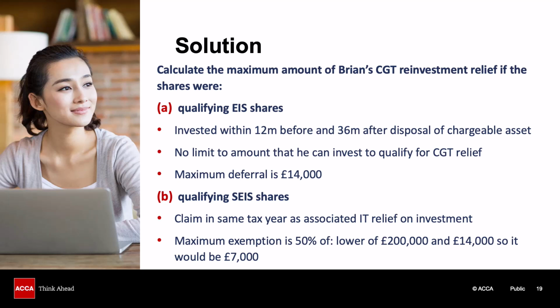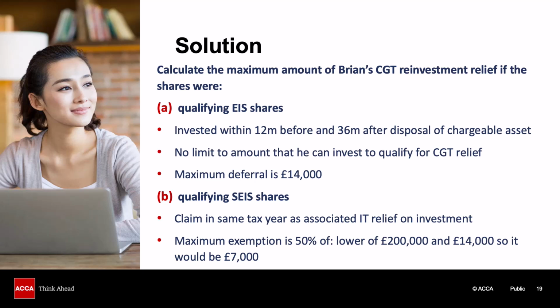Now in B, if instead he's investing the proceeds from the gain on the vase into SEIS shares, then he would need to do it in the same year that he's going to claim the income tax relief on the SEIS investment. And the maximum amount of exemption that could be claimed would be 50% of the lower of the amount reinvested into SEIS shares that qualify for income tax relief, and the gain, which was £14,000. Now he invested £200,000 into the shares, and that £200,000 would qualify for income tax relief.